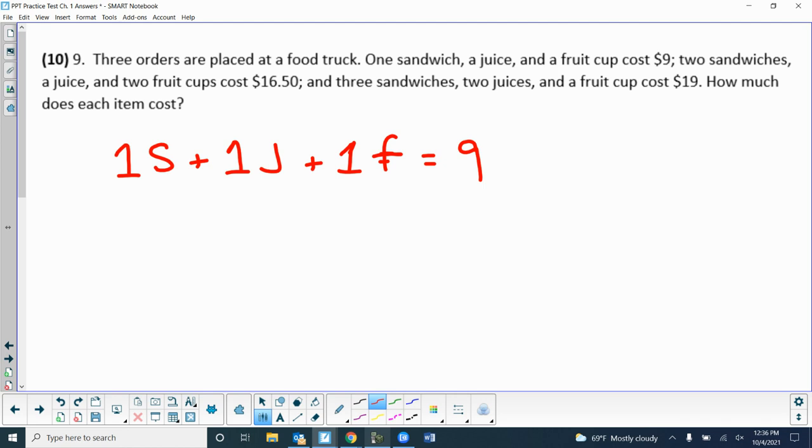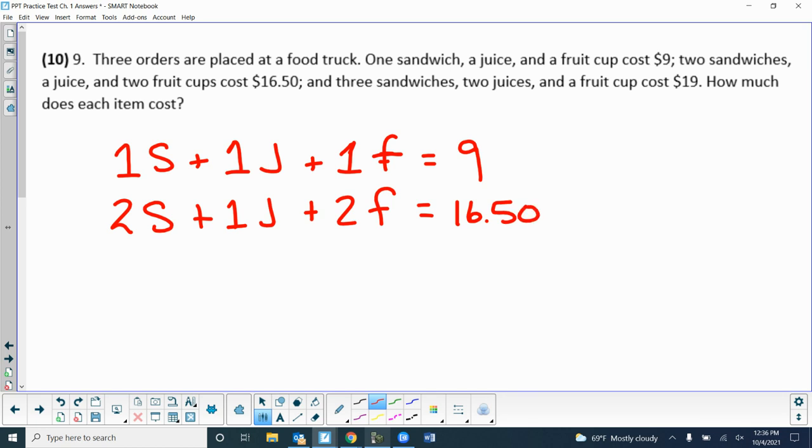And then 2 sandwiches plus 1 juice and 2 fruit cups was $16.50. And then 3 sandwiches and 2 juices and 1 fruit cup was $19.